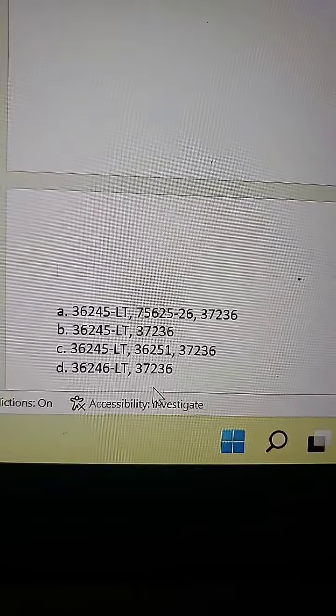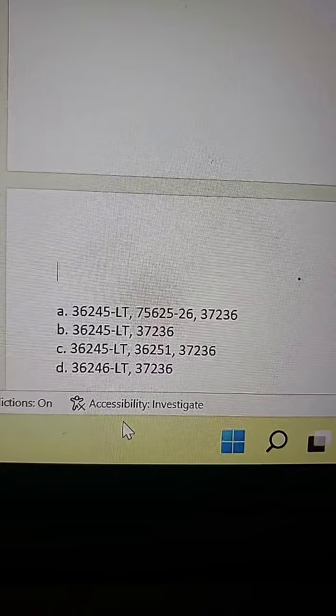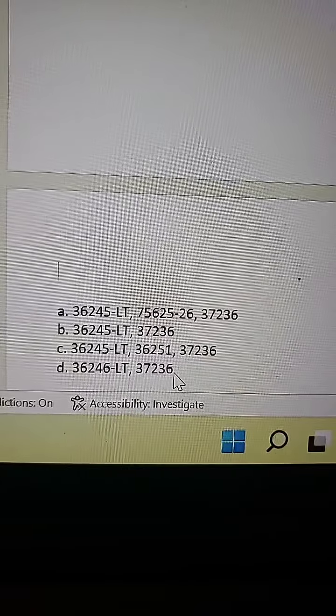Does it have any do's or do nots? It does. It says we can't report the 36.